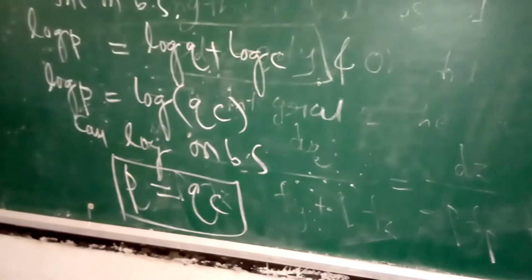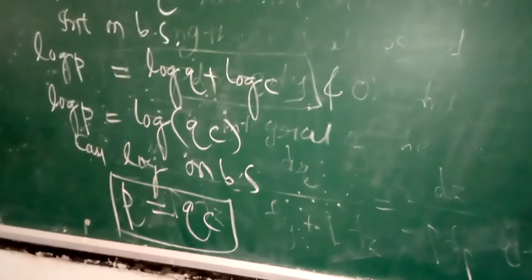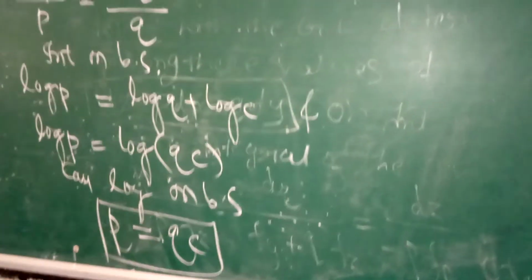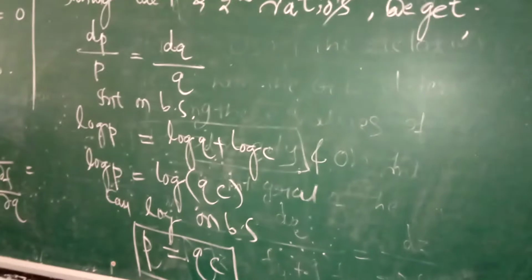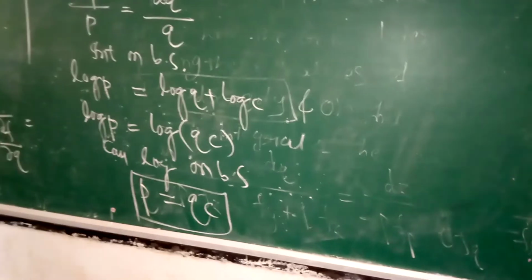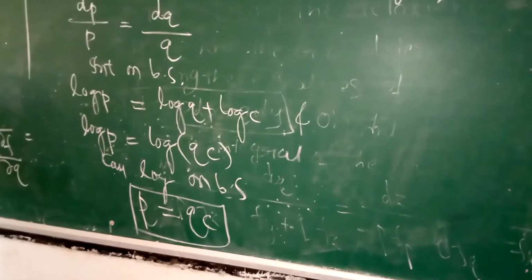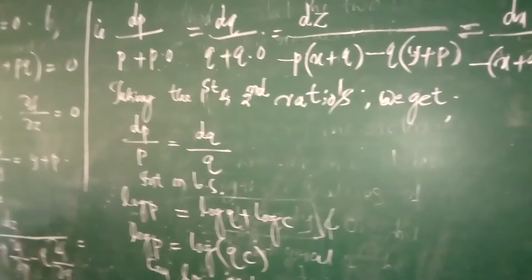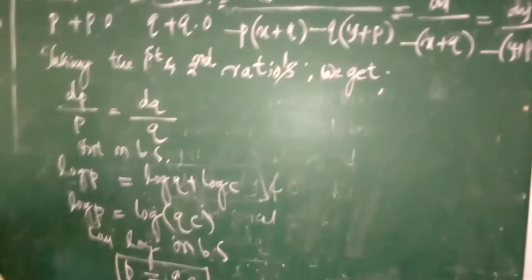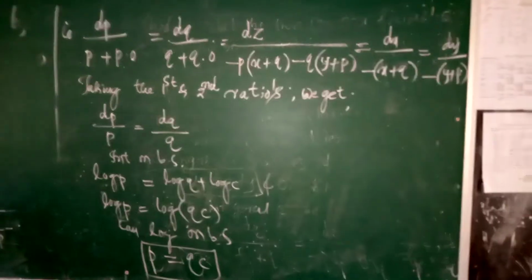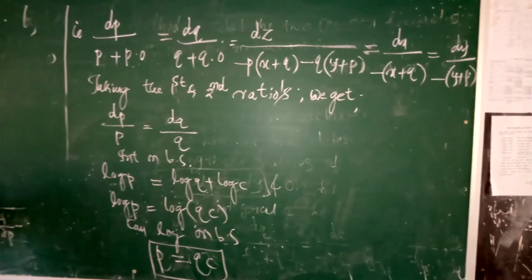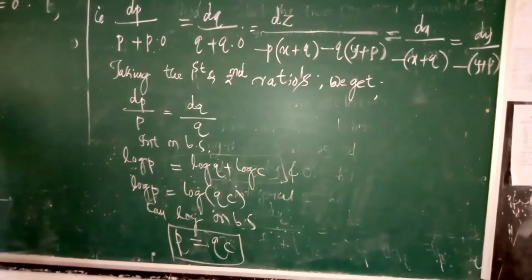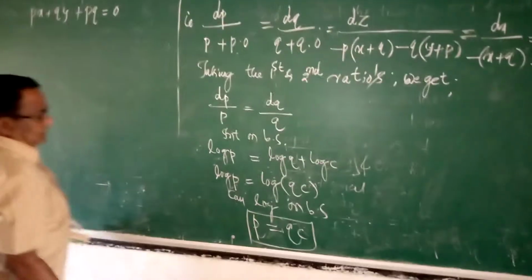Now this contains one of p and q, so with the help of this value of p we shall find q. For that, substitute this value of p in the given equation. What is the given equation?